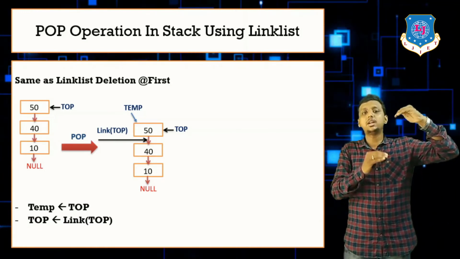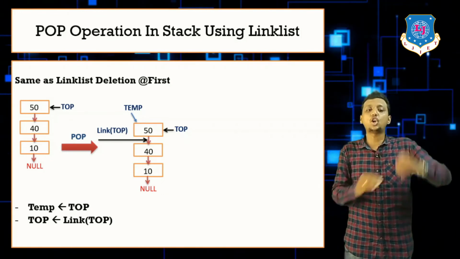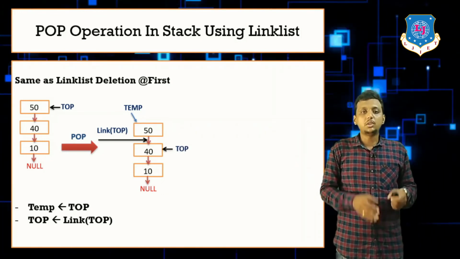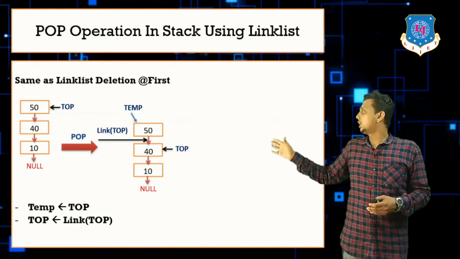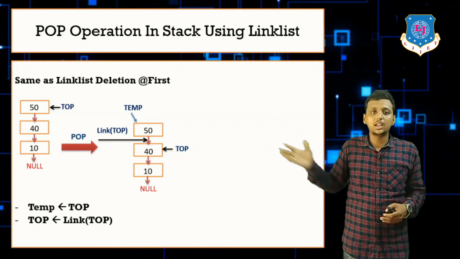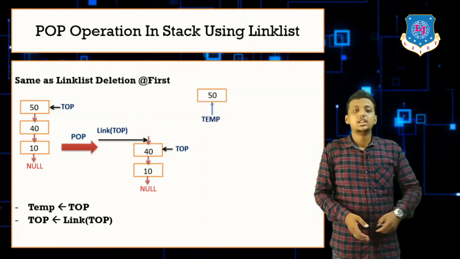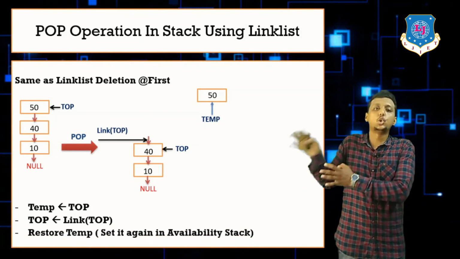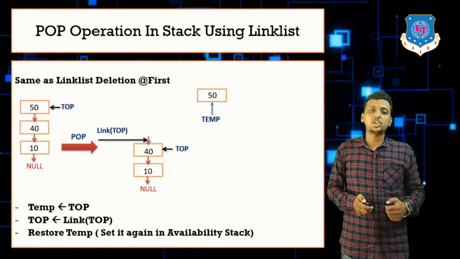This is temp, this is link of top. Your whole operation is completed. Now the stack goes from null to top 50. It is not in the stack, it is already out of the stack. You can remove it. This is my temp. I just need to restore it into the availability stack. This is how, students, the pop operation is completed.